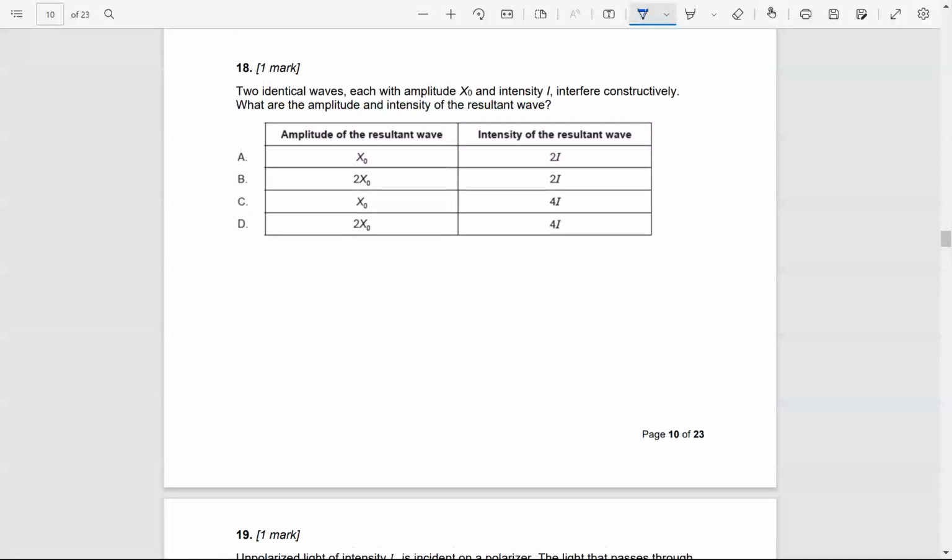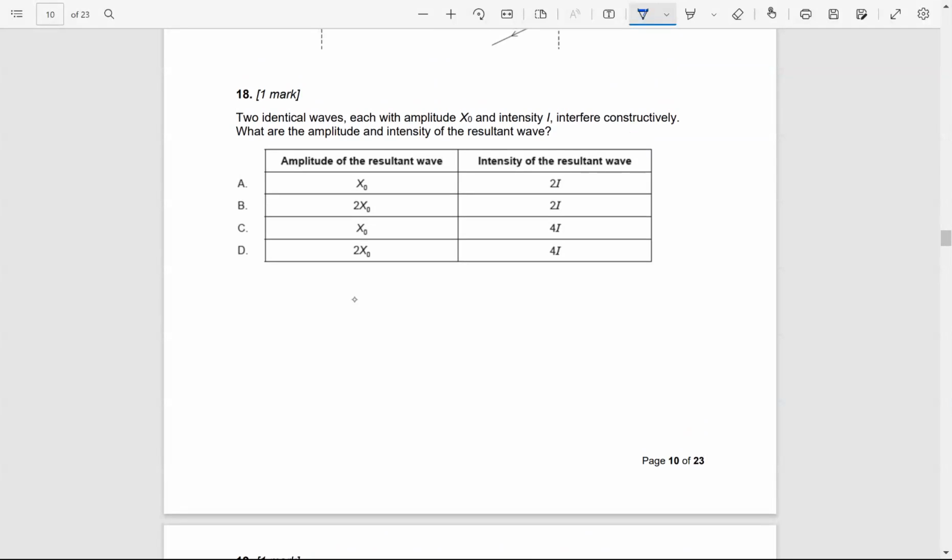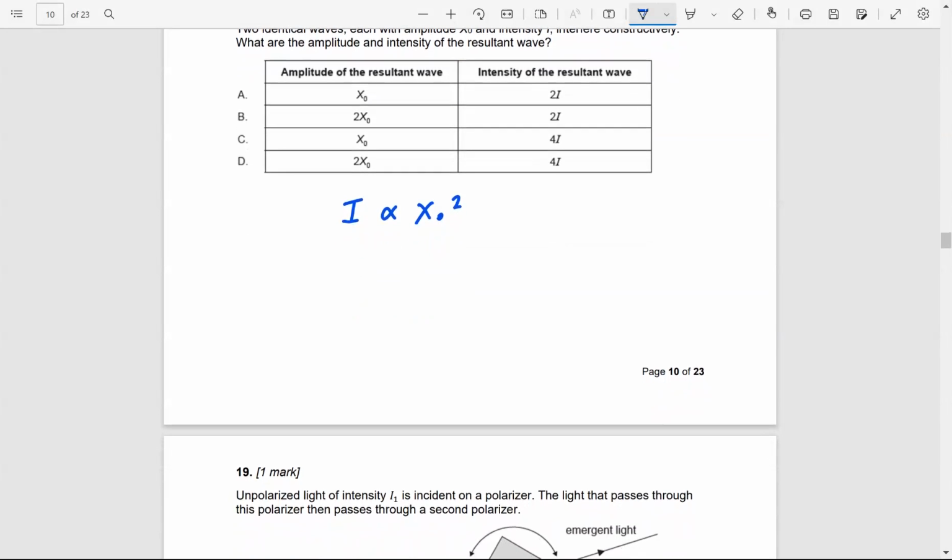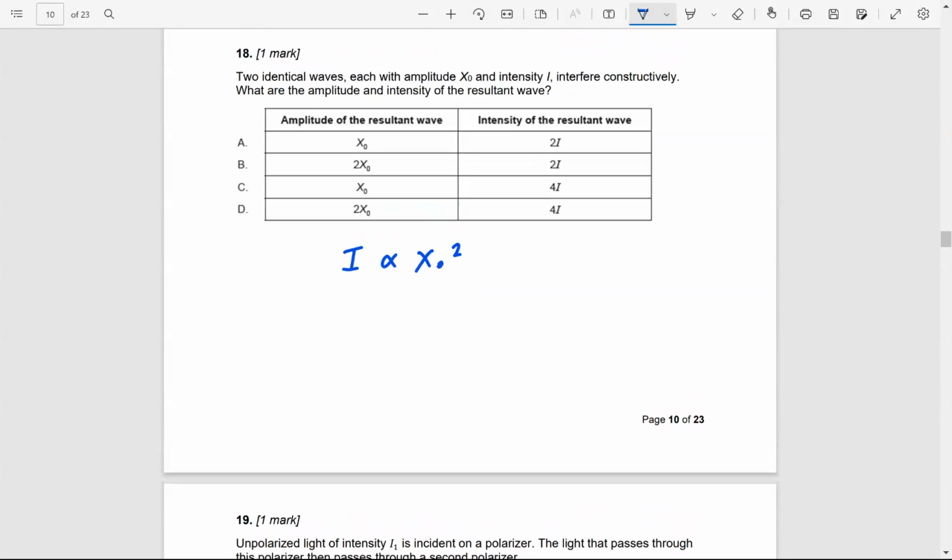For 18, it's asking for the relationship between intensity and amplitude. Now, in the data booklet, we have intensity is proportional to amplitude squared. So it says two identical waves, each with amplitude x0, interfere constructively. Okay, so let's draw it out.